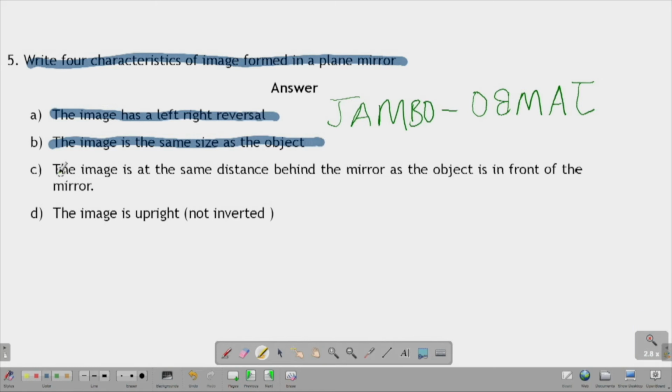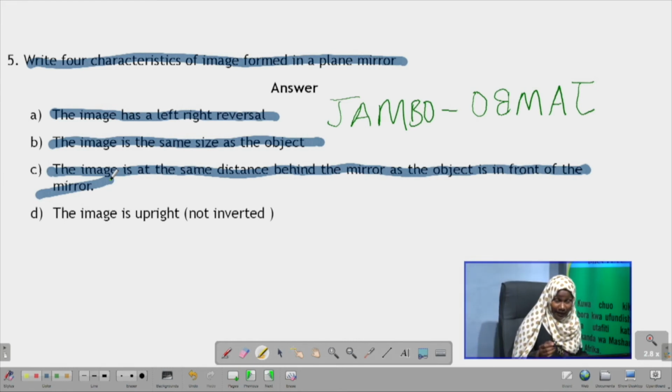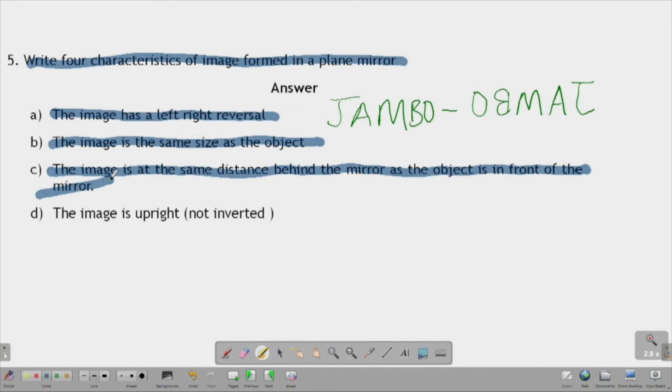The third one says the image is at the same distance behind the mirror as the object is in front of the mirror. So maybe if you are a distance of 2 feet away from the mirror, the image that is going to be formed is also going to be 2 feet behind the mirror. You understand? So the same distance behind the mirror, just as the object is in front of the mirror.